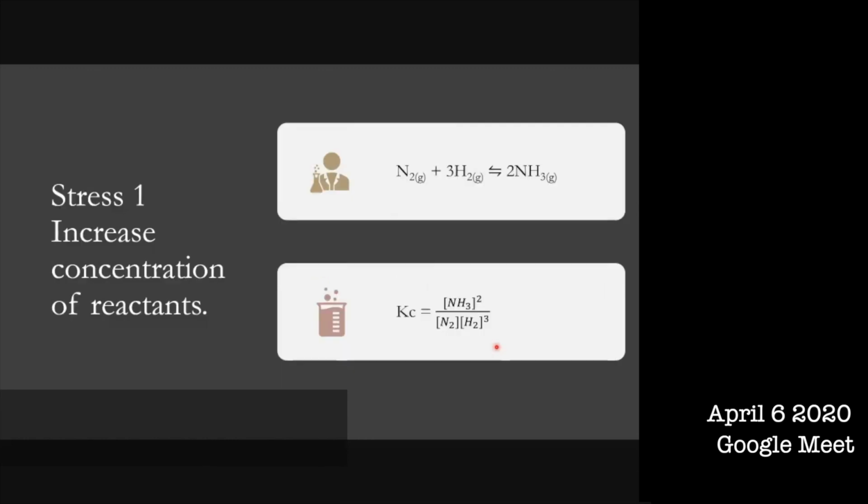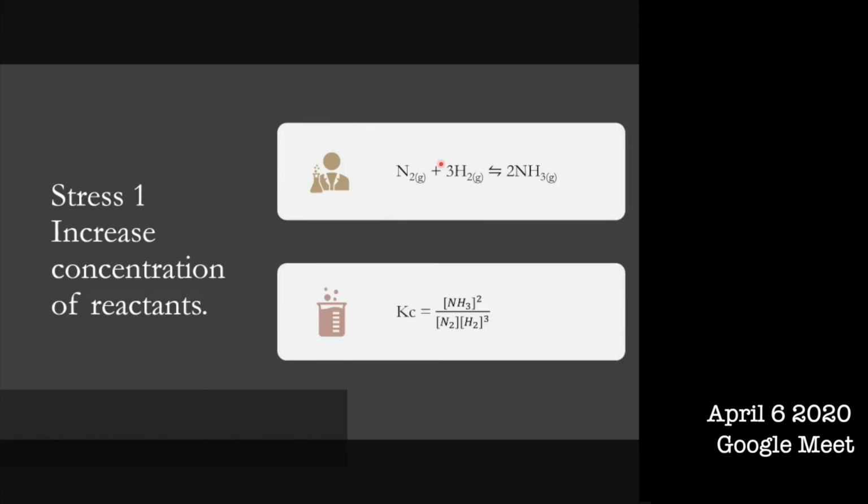Now, here is a reaction between nitrogen and hydrogen gases producing ammonia. We have a concentration Kc expression for it. So we want to see what would happen if you increase the concentration of the reactants. We can increase the concentration of a single reactant like nitrogen. So what do you think will happen?